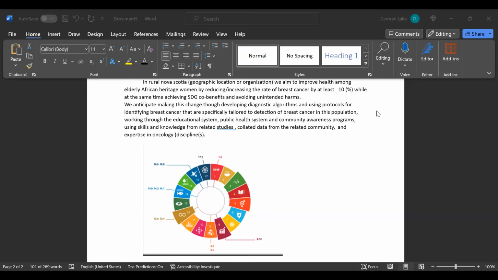It's not really widely taught in oncology or in the current school system as it is now. So that's what I'm trying to do: increase awareness, increase the ability to detect, and of course, detect earlier.